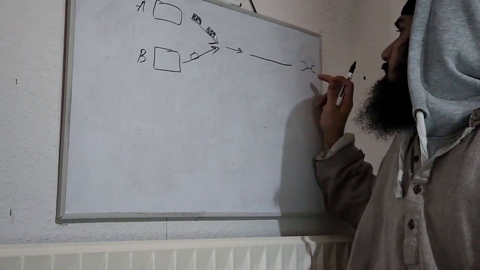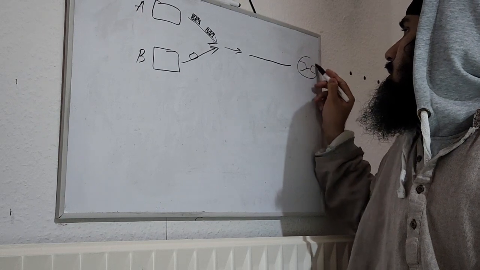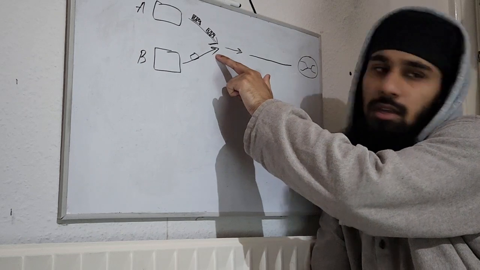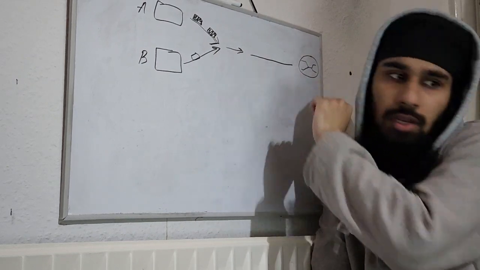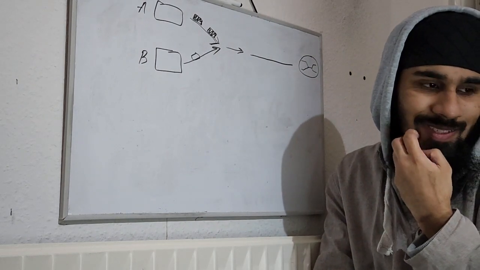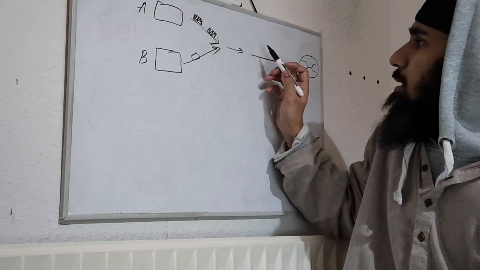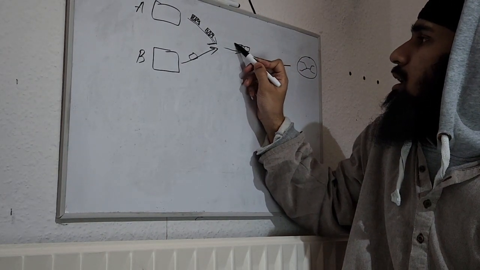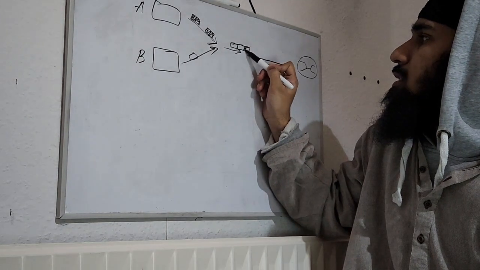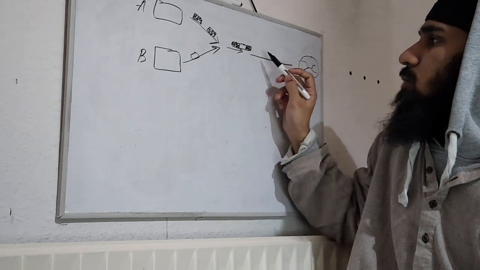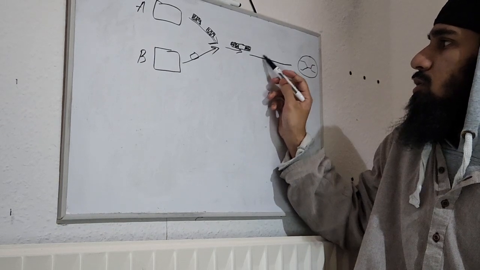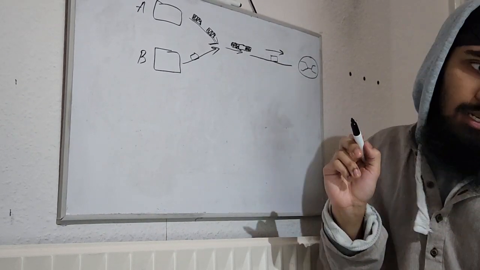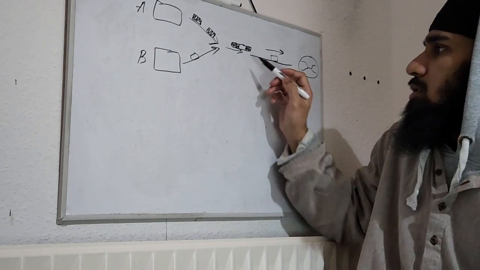The packets are going to come here, and they're going to join a queue. They're just waiting to get onto this queue, and then they will be going through this line.